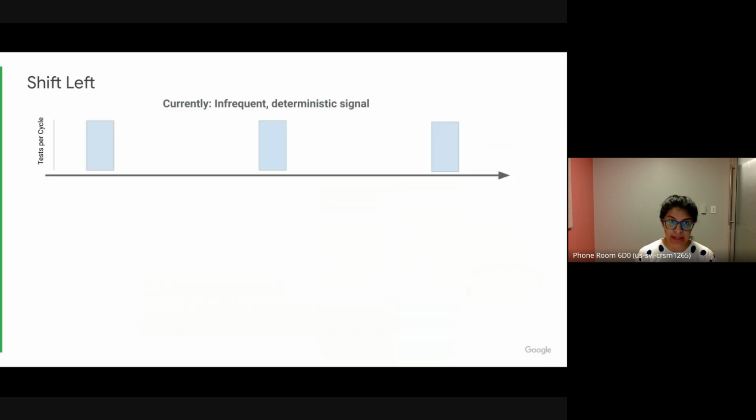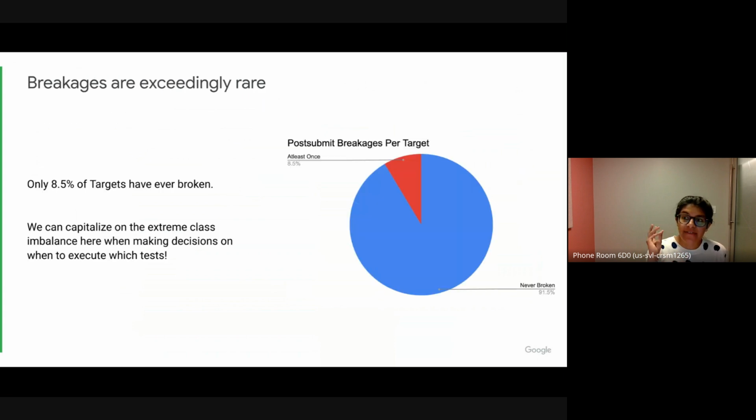Another way you can visualize that same graph is that every hour, every 2 hours, we give you deterministic signals saying everything is green or it's red. And we can change how this signal is provided to developers by using the fact that we actually have a huge class imbalance in the targets that break.